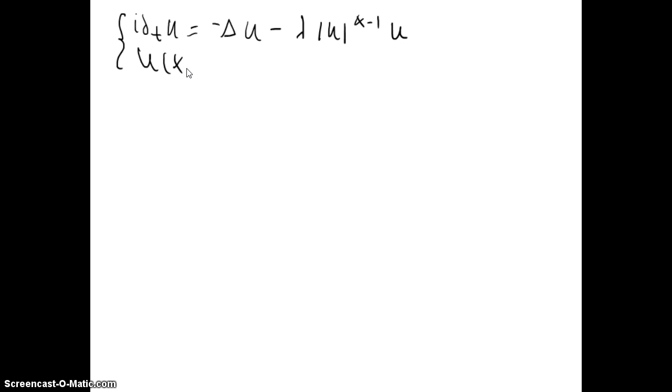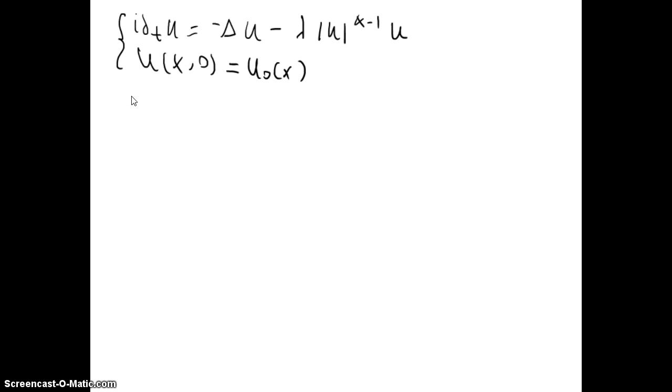Okay, so let's talk about the nonlinear Schrödinger equation. The equation is going to be i ∂_t u equals minus Laplacian of u minus lambda |u|^(alpha minus 1) u, with u(x, 0) equal to u naught of x.